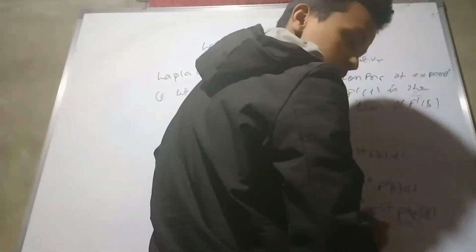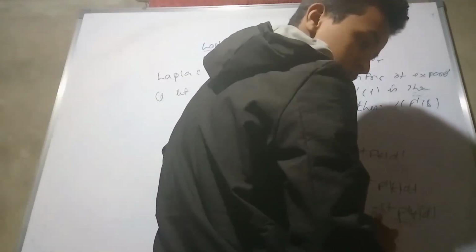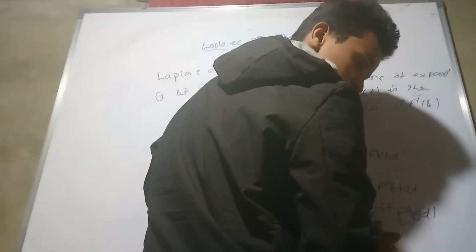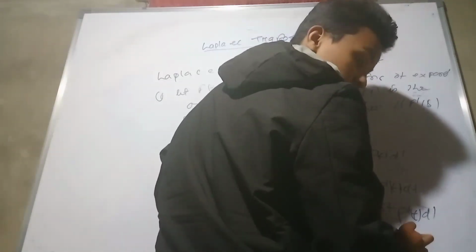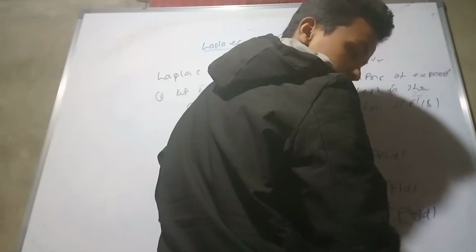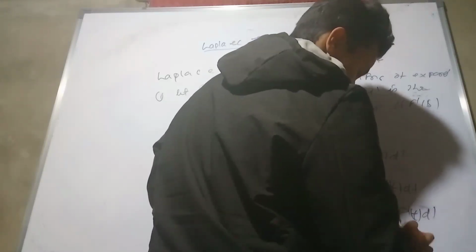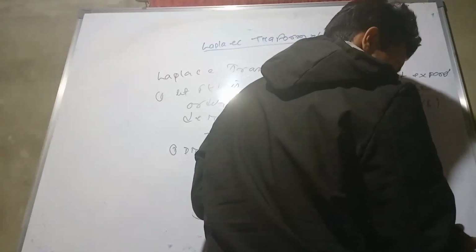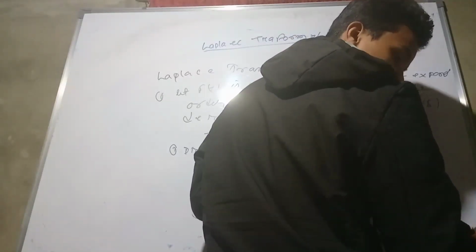After integration, you can easily find that it gives us e to the power minus st times f(t), limit b tends to infinity, minus f(0), plus s times the integral from 0 to infinity of e to the power minus st times f(t) dt.